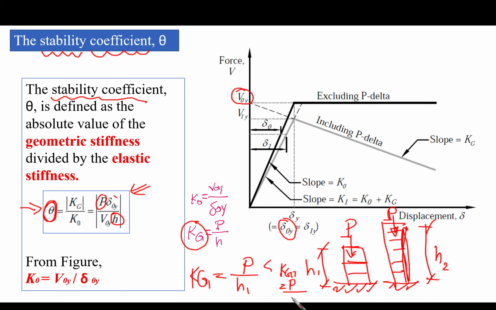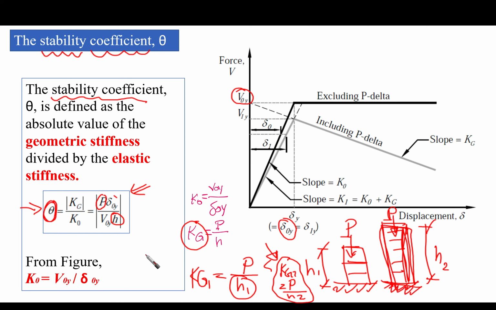So H1 is smaller than H2. This means that KG2 is going to be smaller. This means that this system is susceptible to P delta.